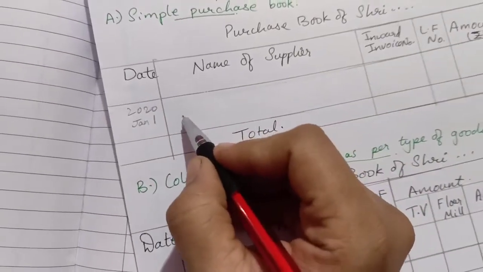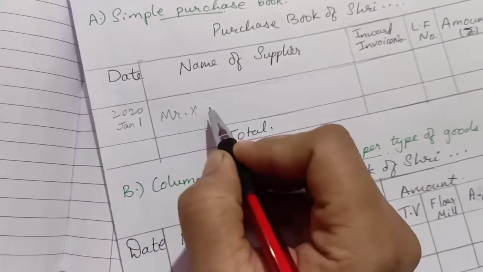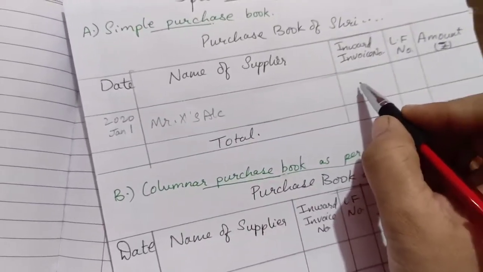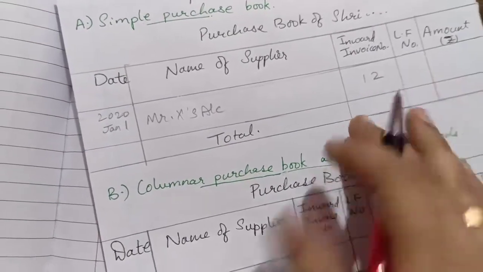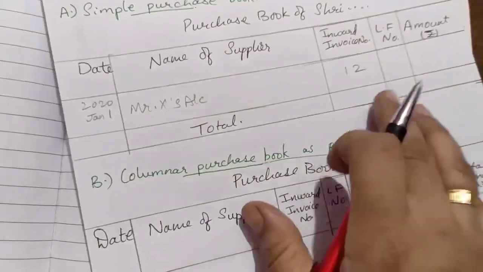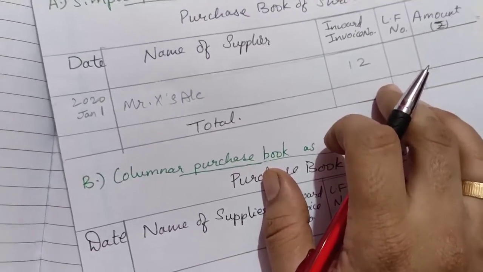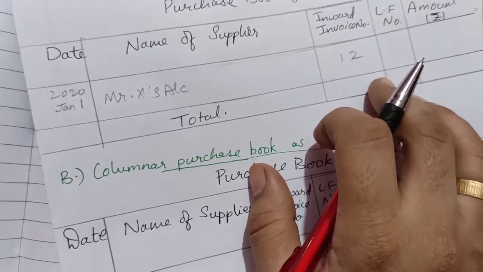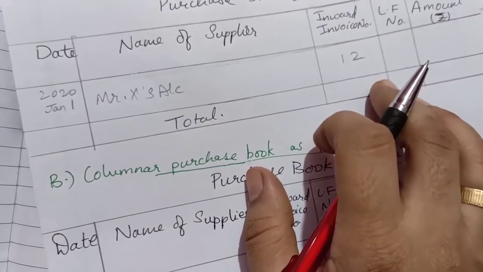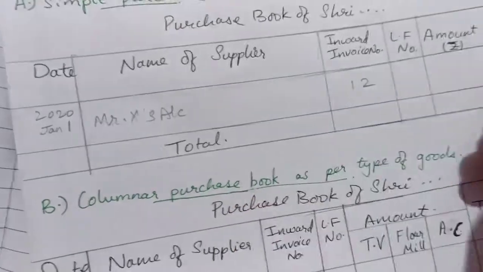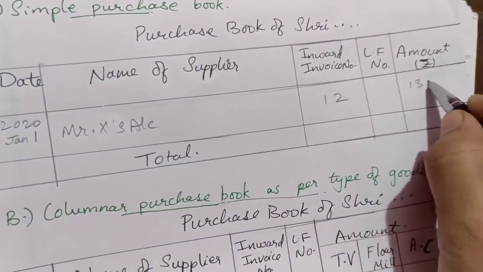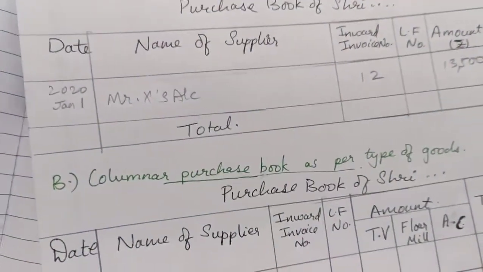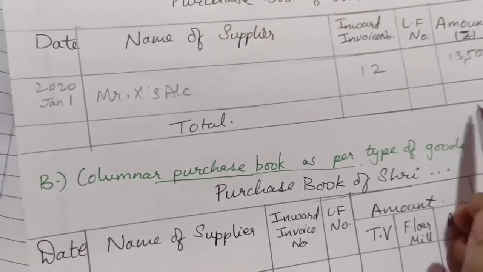Here Mr. X's account will come. Then the inward invoice number is 12, so the number 12 will come. The amount purchased is 15,000, but the trade discount has to be reduced. So from 15,000, when we reduce 10%, it is 13,500. Then after passing all the entries, we have to do the total over here.